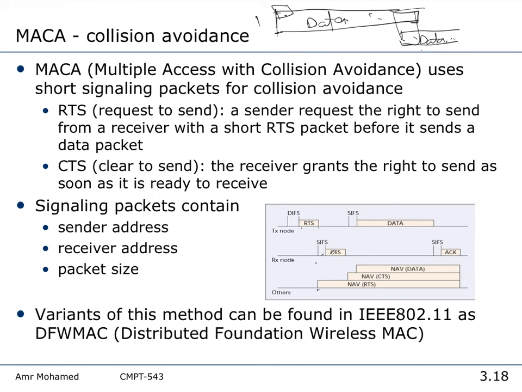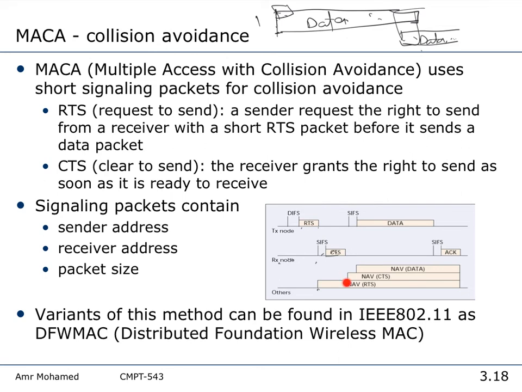However, remember, not 100% of the nodes may listen to RTS. So when the receiver node sends CTS, more nodes will listen to CTS that may not have heard RTS.